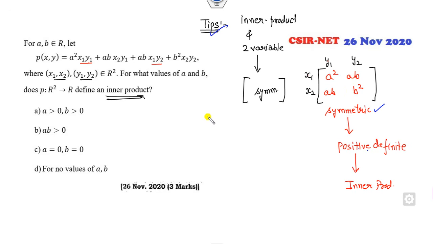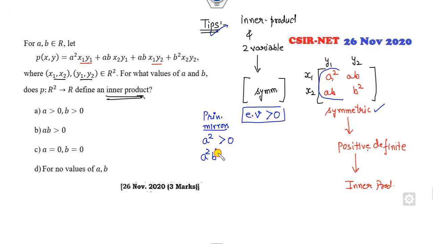How do you prove positive definite? You find the principal minors, or you can find the eigenvalues. If you prove all those eigenvalues are greater than 0, then it's positive definite. Otherwise, find the principal minors. How do you find the principal minors? First value, first diagonal a square, which is always greater than or equal to 0. Second principal minor is the determinant of this matrix.